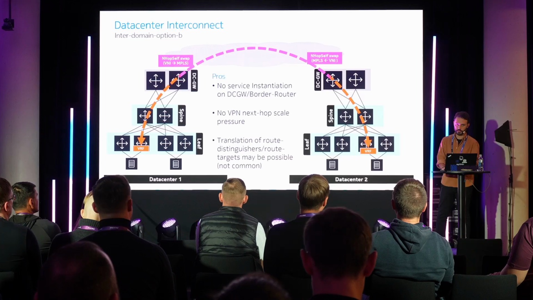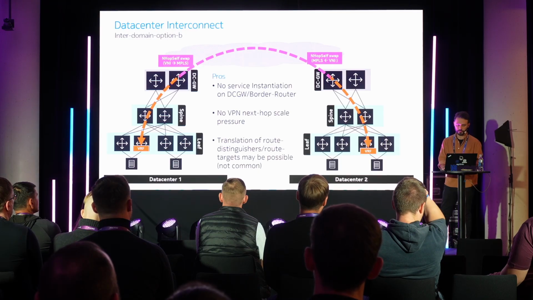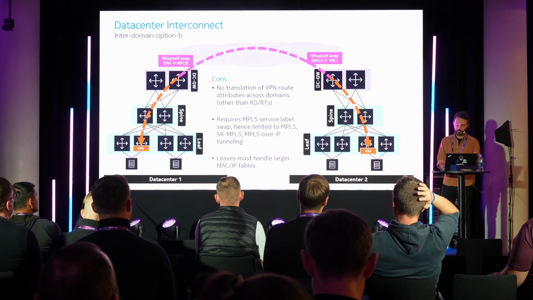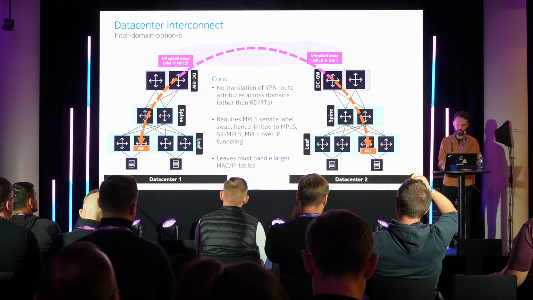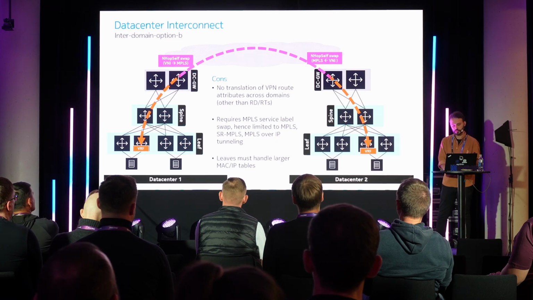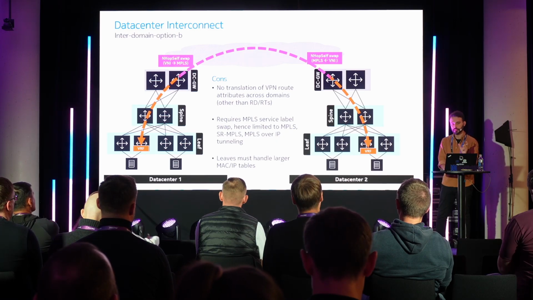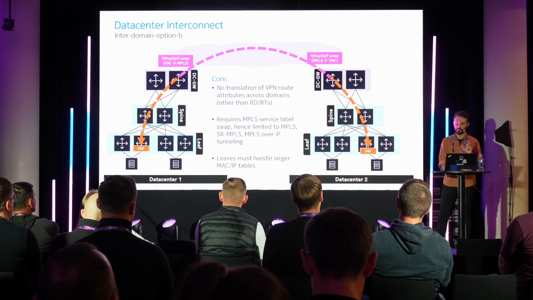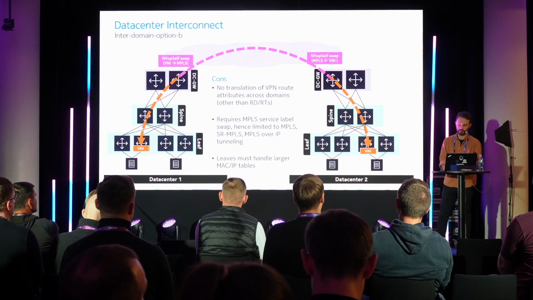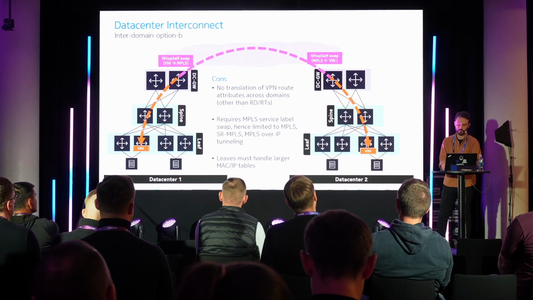It has advantages, but it doesn't solve all problems, depending on what problems we have. The disadvantage is, like I said, no translation of route attributes. And this only works if the wide area network is MPLS, because we do MPLS label swap. You can have MPLS, SR-MPLS, MPLS over IP tunneling, but no SRv6. So you have to have MPLS over here.